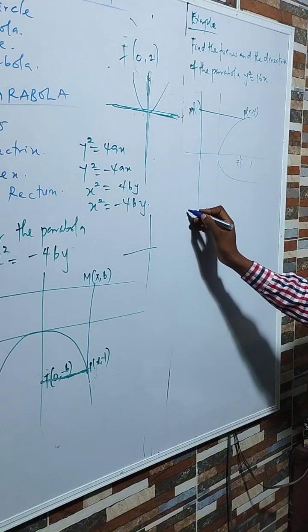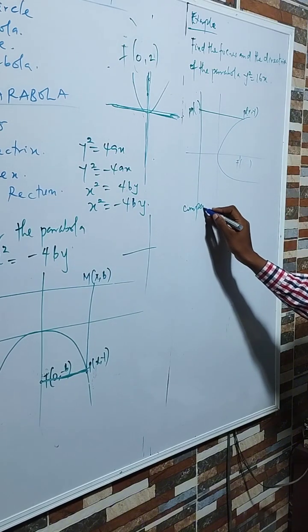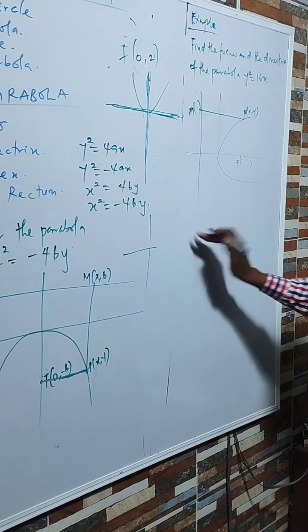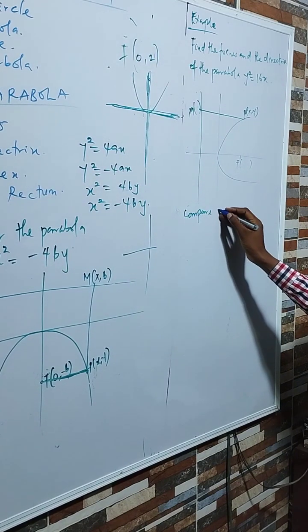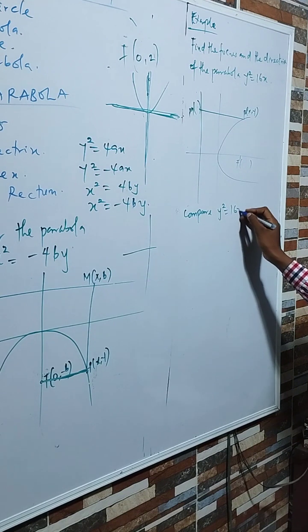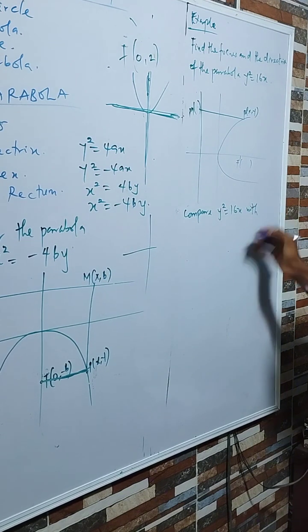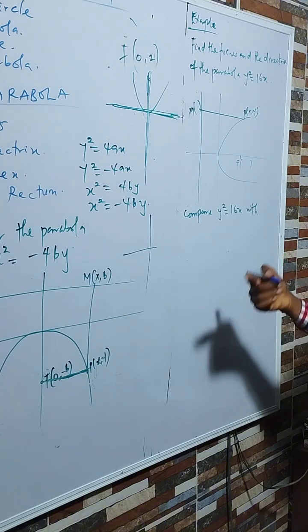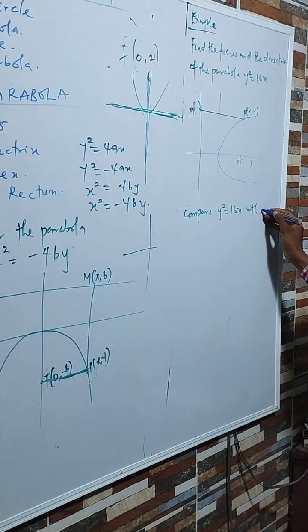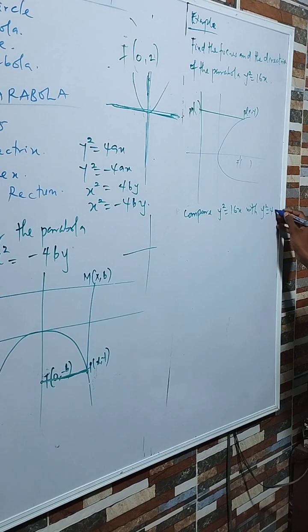Let's compare y square is equals to 16x. Because you are going to be comparing them, you should know the form of the particular parabola question given to you, y square is equals to 4ax.